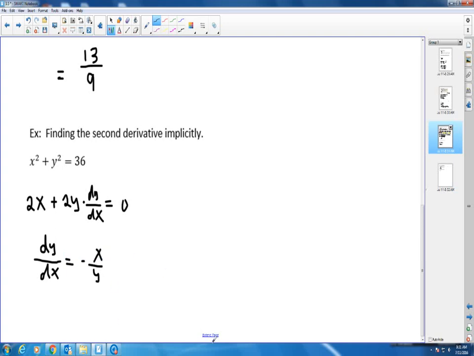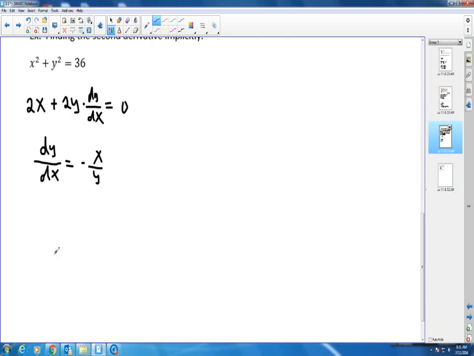Alright, so now I'm going to take another derivative for the second time. So that will be d squared y over dx squared. This is the way we write the second derivative.